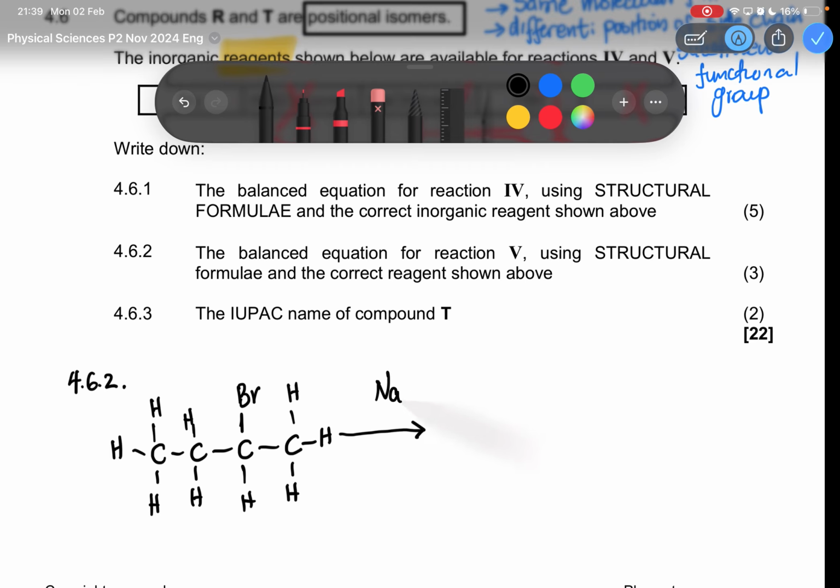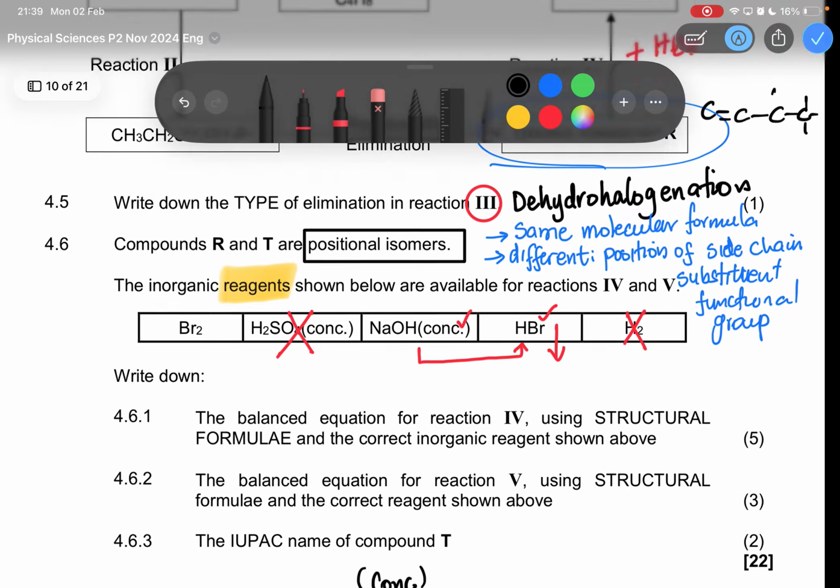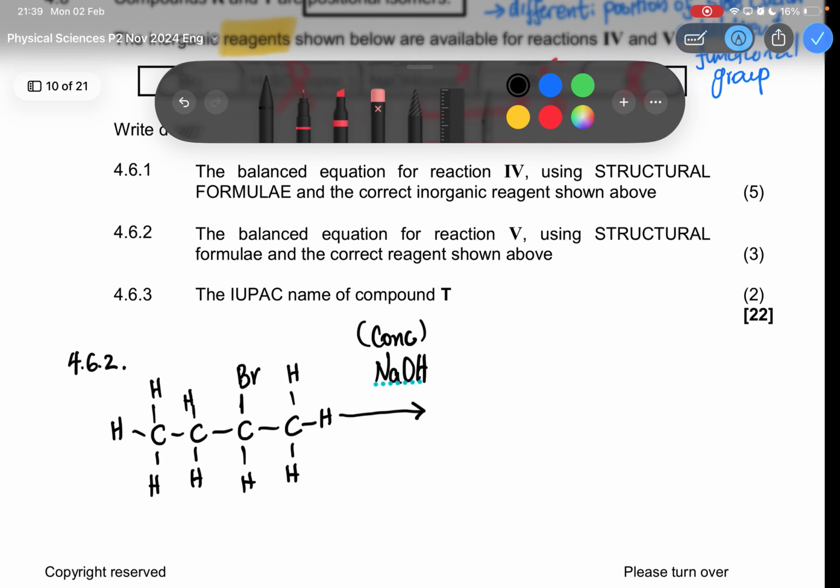We need sodium hydroxide, and it must be concentrated. Remember, it's elimination, this one. So when this happens, we are going to have 1, 2, 3, 4, and with the double bond.